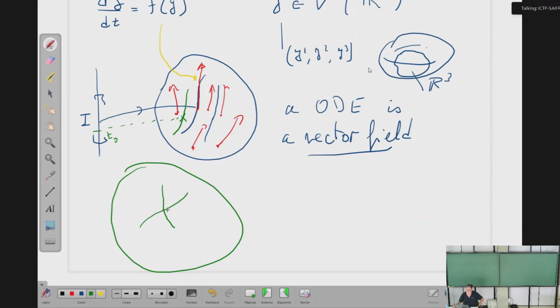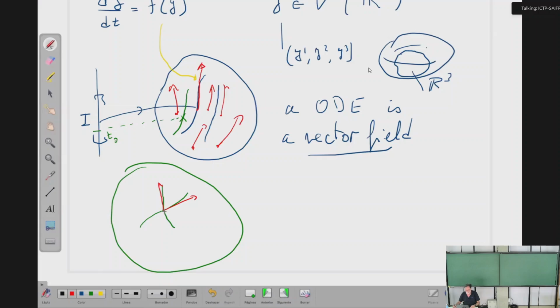Well, in general, if the vector field is different from 0, no, right? Because at this point, either the vector field points in this direction or in this direction. So I cannot have this because a vector field is unique. It's either this one or this one.